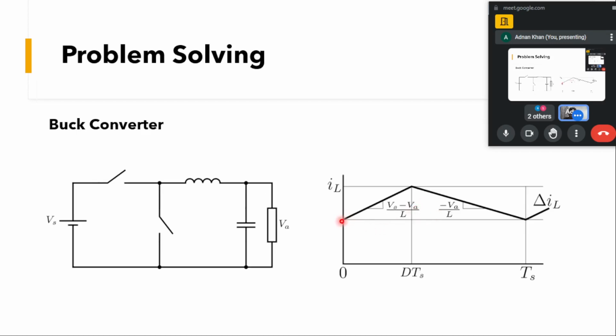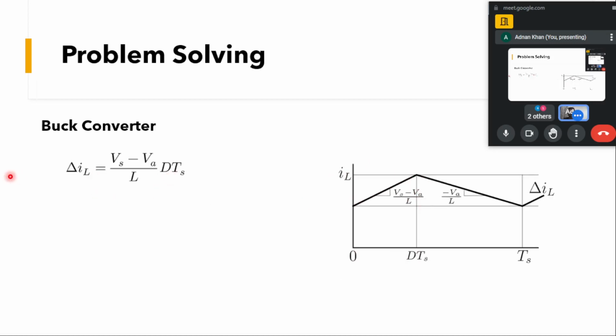Now what we will do is take this interval 0 to DTs and apply the inductor equation for this interval. We know VL is equal to L di by dt.